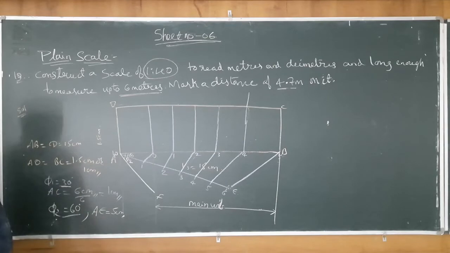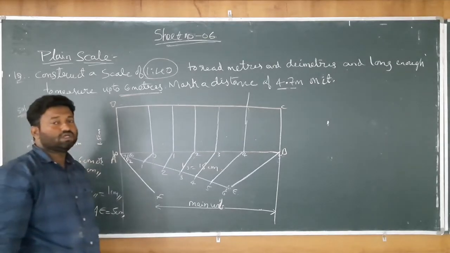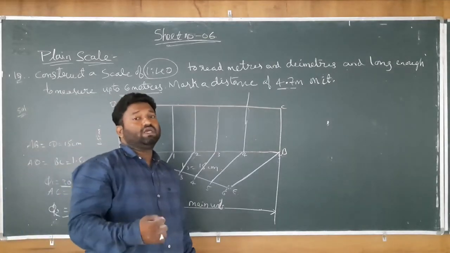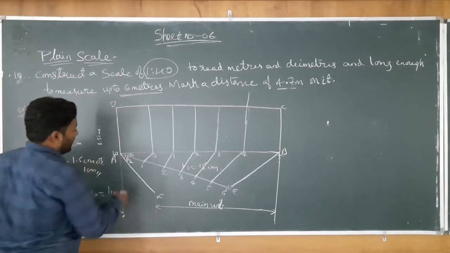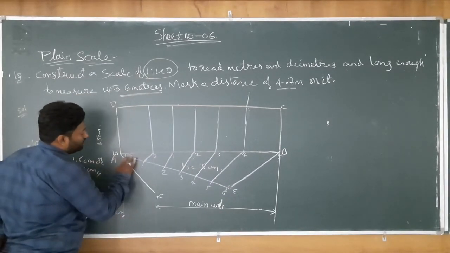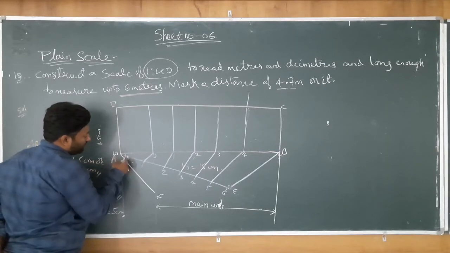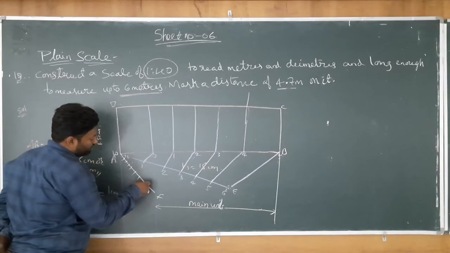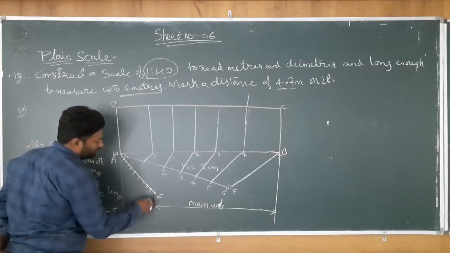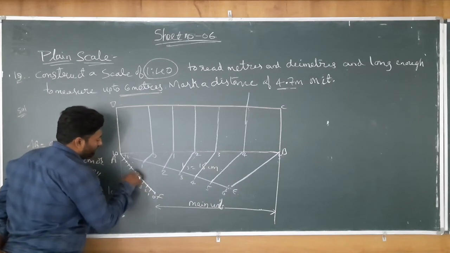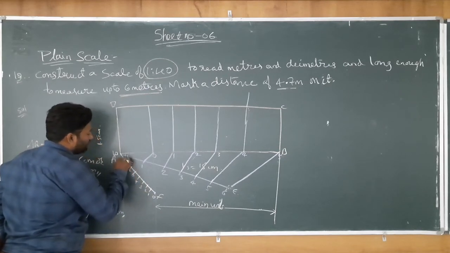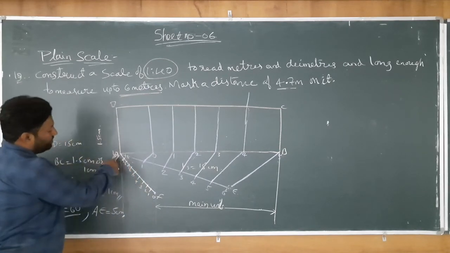If I divide this 5 centimeter line into 10 equal halves, each part will be half a centimeter, that is 5 mm. So I will divide this line into 10 equal halves: 1, 2, 3, 4, 5, 6, 7, 8, 9 and this is the 10. Here I will write 0, 1, 2, 3, 4, 5, 6, 7, 8, 9 and I have already given 10 here.